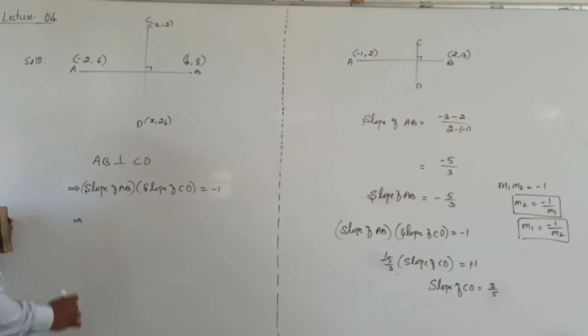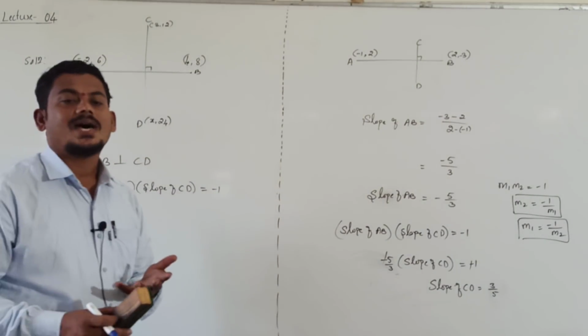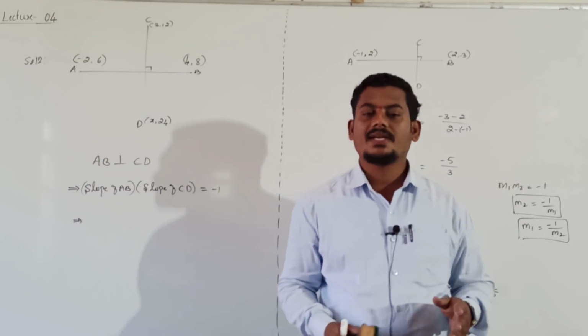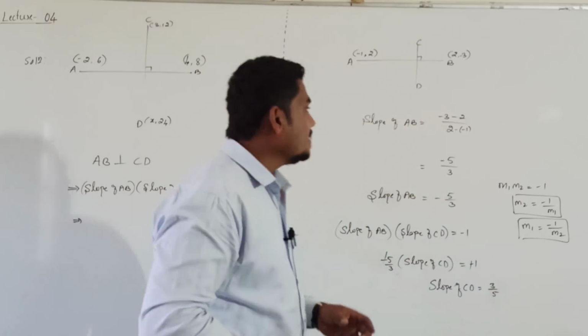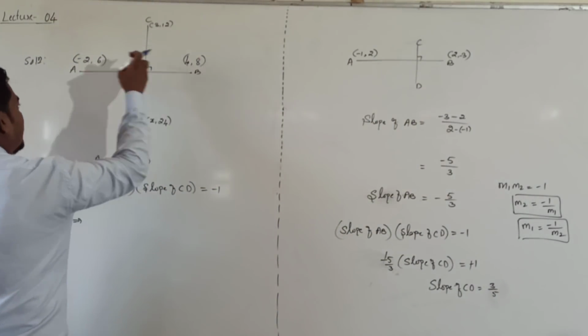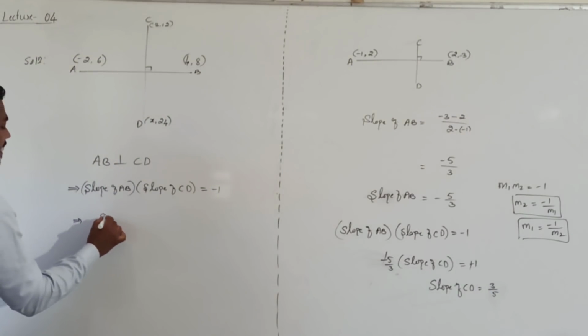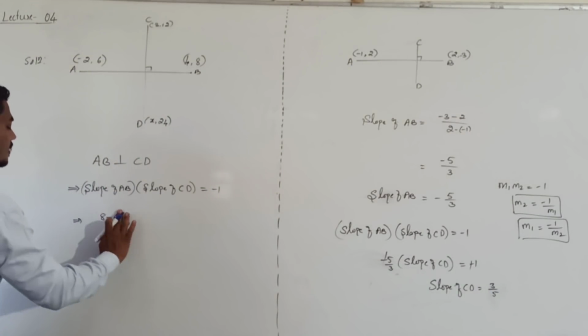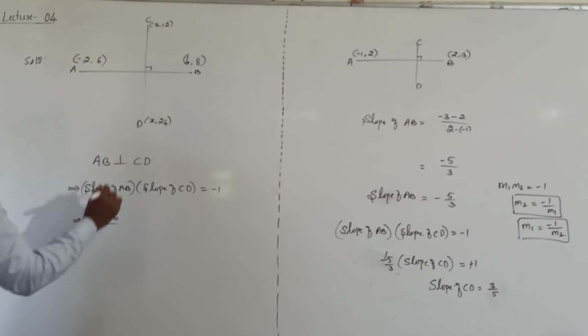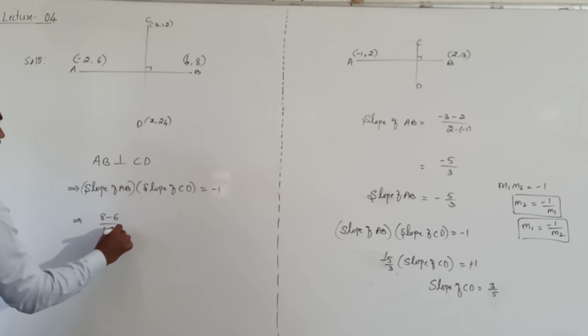Now write the slope of AB just by using the two-point formula. Slope of the line joining two points is y2 minus y1 divided by x2 minus x1, right? Slope of AB is 8 minus 6 divided by x2 minus x1, that is 4 minus of -2.